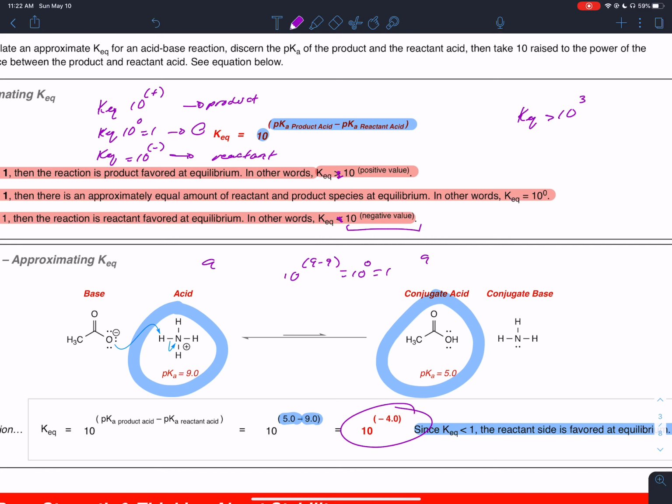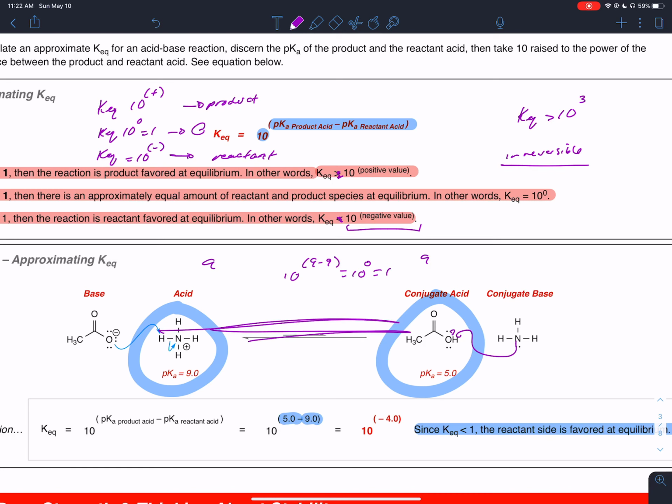It's 10 to the negative 4. If that value is 3 or greater, you can essentially consider that to be an irreversible acid-base reaction, meaning this would take off this hydrogen, forming these two species, and going back to this side is so infrequent or kind of inconsequential that we consider there to be an irreversible acid-base reaction.